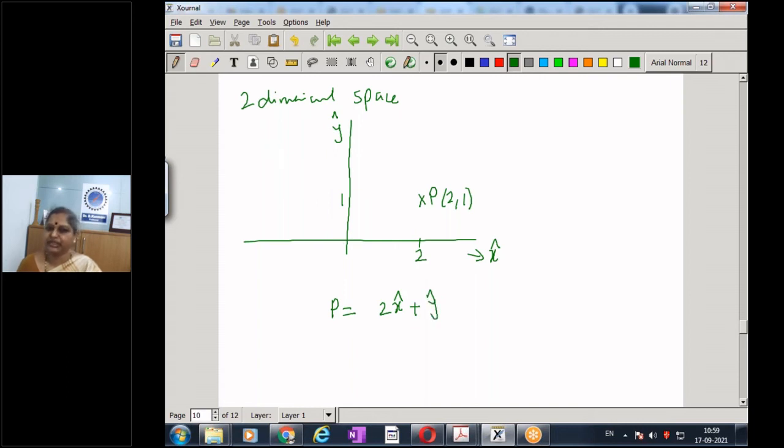That is, I walk along the x axis for a distance of 2, and then I walk along the y axis for a distance of 1, and finally I reach my desired point, point P.